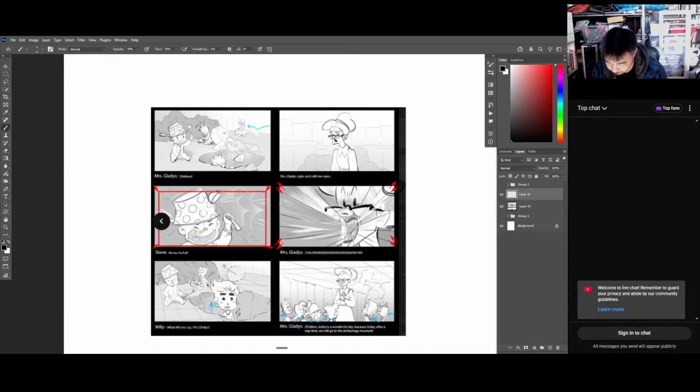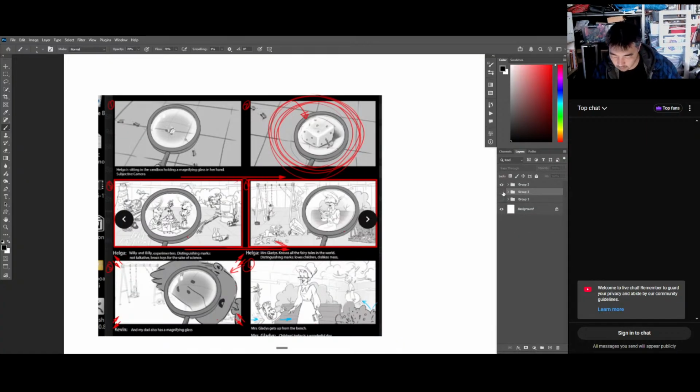So my main thing is I'm just confused on what's happening here. I always bring everything back to wide, medium, and close up. So you have your wide.